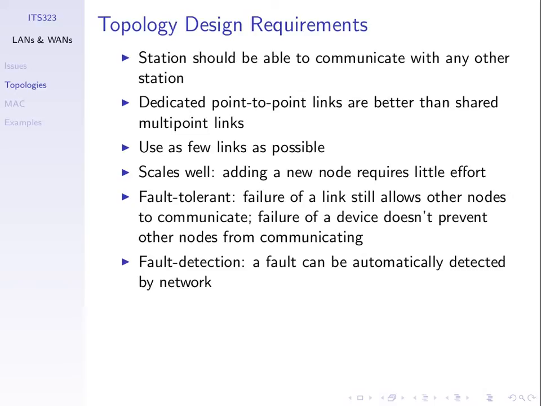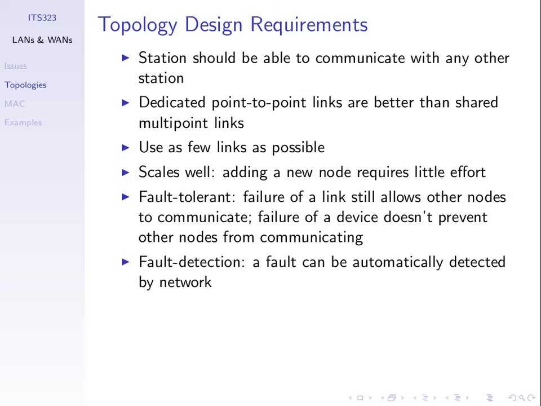In some cases, we'd like to be able to quickly detect faults. If someone pulls the link out of this PC, maybe we'd like to be able to detect that that's happened automatically, so that someone who manages the network can go and fix it. That's not so much an important requirement for LANs, but in wide area networks, that's often very important.